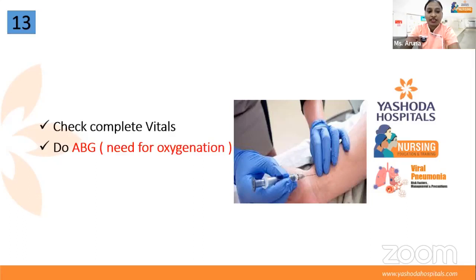And also we need to check complete vitals and do the ABG for checking respiratory acidosis and alkalosis and the need for oxygenation. So the right amount of oxygenation is the intervention, because impaired gas exchange is happening in this condition. And I think the need for hypoxia intervention is also required based on this ABG parameter.